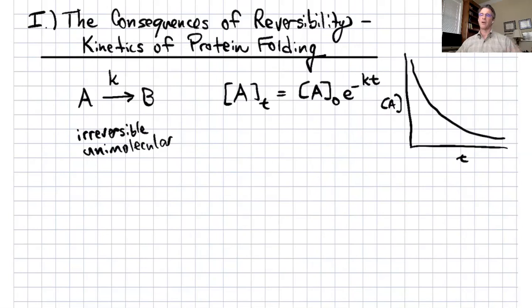For a bimolecular process, second order, which we also talked about last time, you have a slightly different form of this equation. But in this case, we had this irreversible unimolecular process. All right. But I also talked about how that irreversible process sometimes is a good description or a completely accurate description of a process. A lot of times it's not, right?